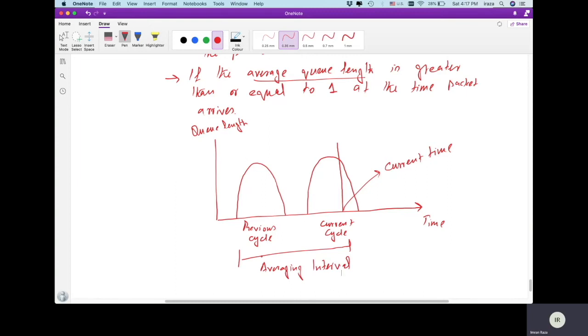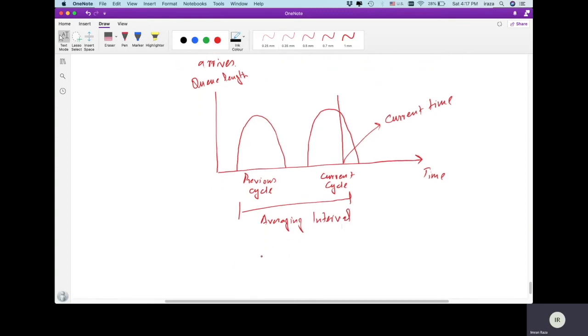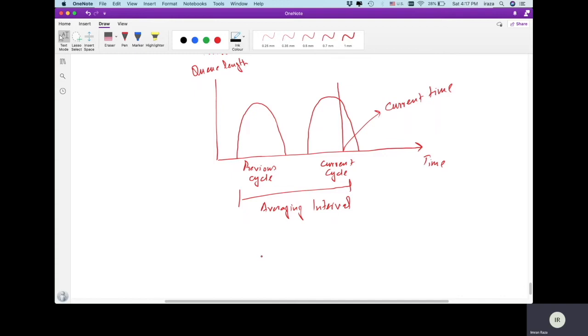Which is obviously the average interval, or the average queue length is measured over a time interval that spans the last busy cycle plus the idle cycle and plus the current cycle.